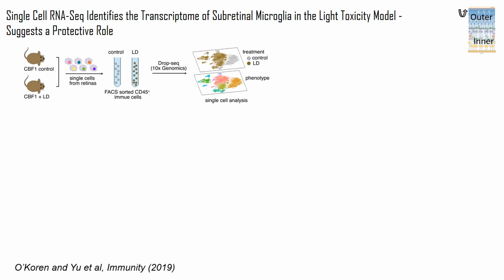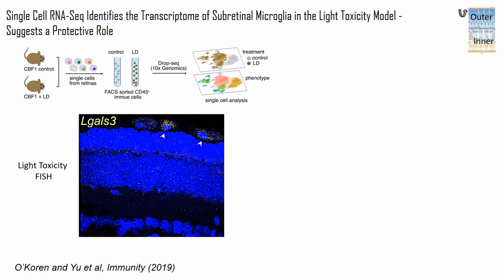With this information, we then applied pseudotime analysis, which is a bioinformatic platform, to help mine for the specific cluster of microglia representing the subretinal space microglia, which we then validated with differentially expressed gene markers of this population, one of which, shown here by in situ in the light toxicity model, is galectin-3.